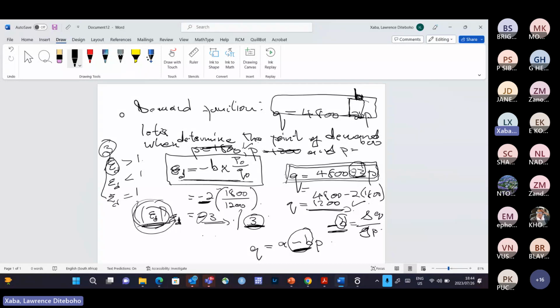Can you do the one of 1,200? Just 2 minutes. Or just to make it interesting, instead of using the given price, just use P as 1,000 rand and give me the value. Our P now is 1,000 rand using the same function.